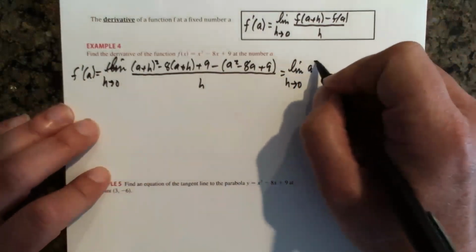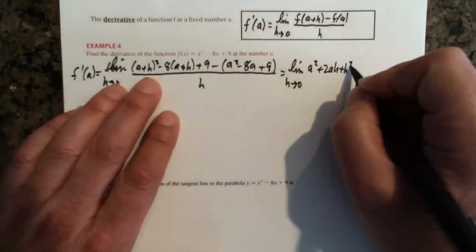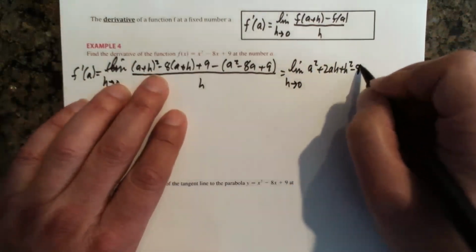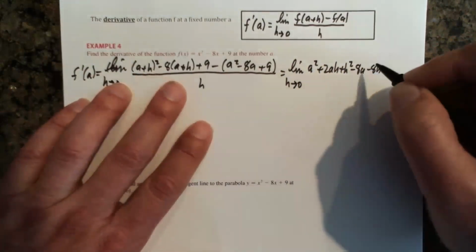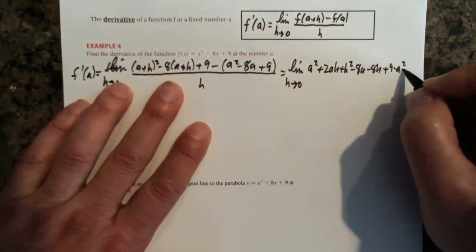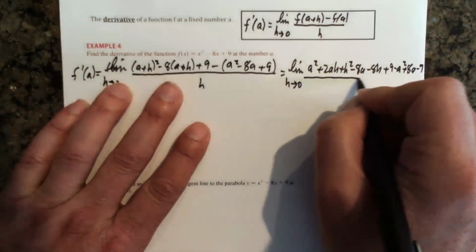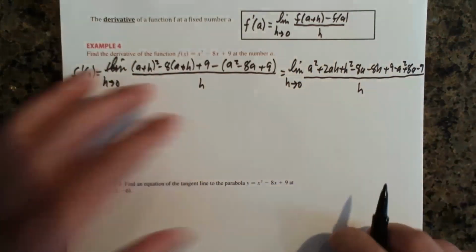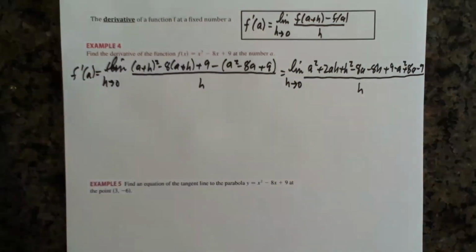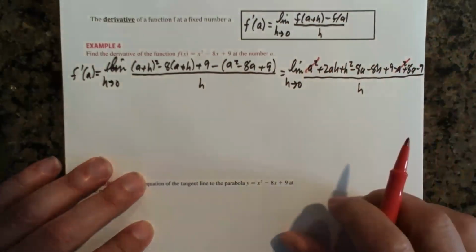It's going to be a squared plus 2ah plus h squared. It's going to be a tight fit. Minus 8a minus 8h plus 9 minus a squared plus 8a minus 9. Ooh. All over h. And we're going to see here that we have an a squared minus a squared.